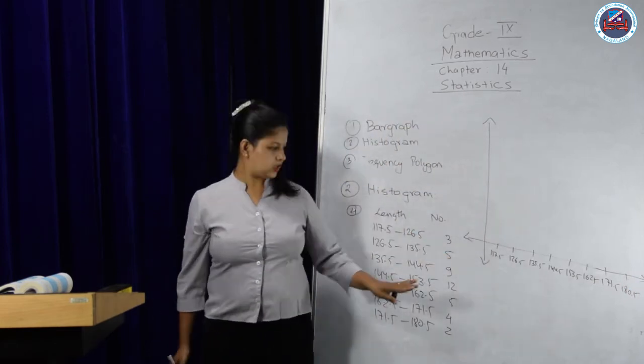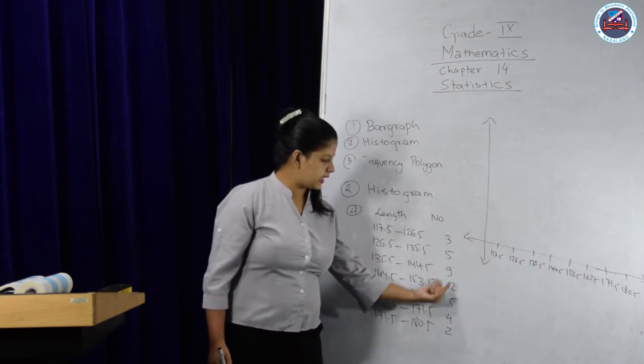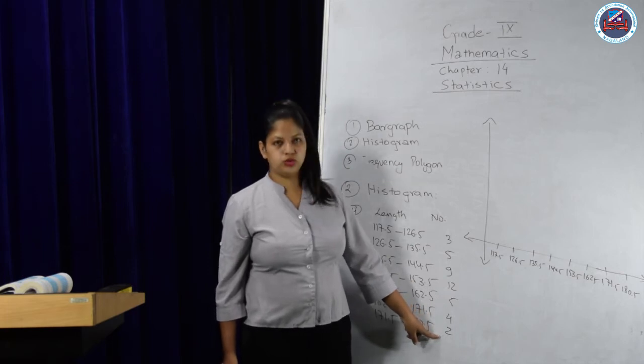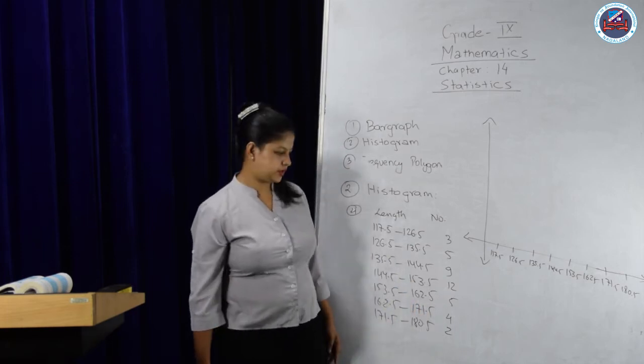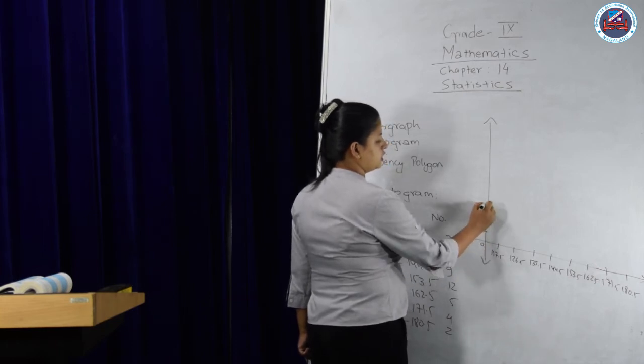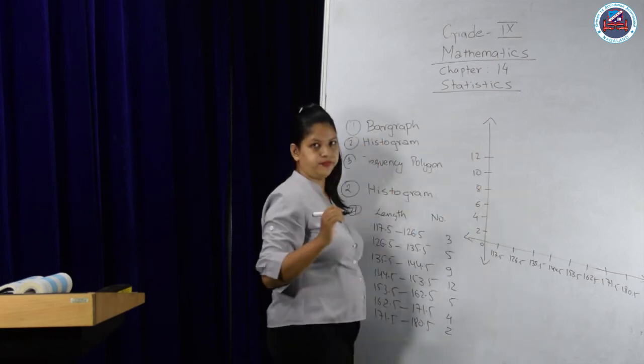So like this you make the x-axis, and on the y-axis, frequency. Check the highest number is 12, the least number is 2. Then you can make a difference of 2 out here. 2, 4, 6, 8, 10, 12.